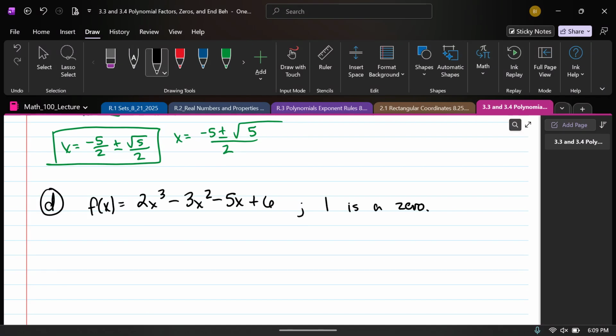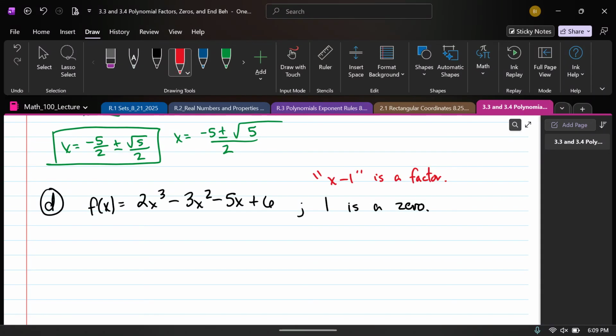So they changed up how the hint was written. They told us that 1 is a 0. That is the same thing as if they had said x minus 1 is a factor. Those two say the same things.